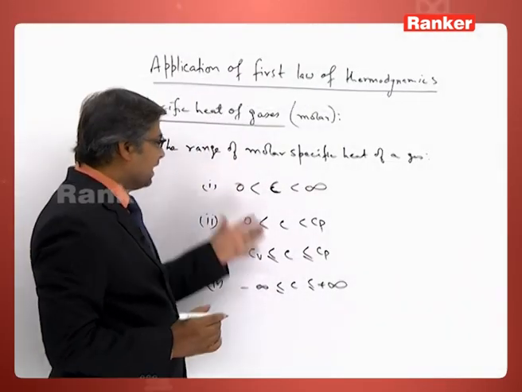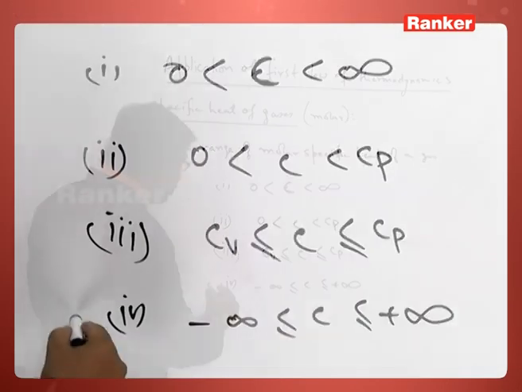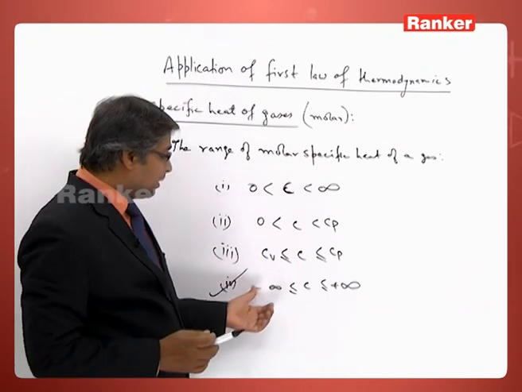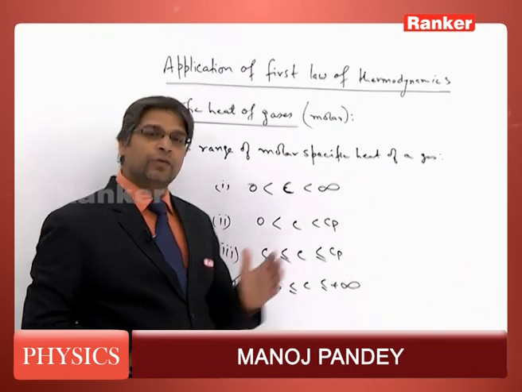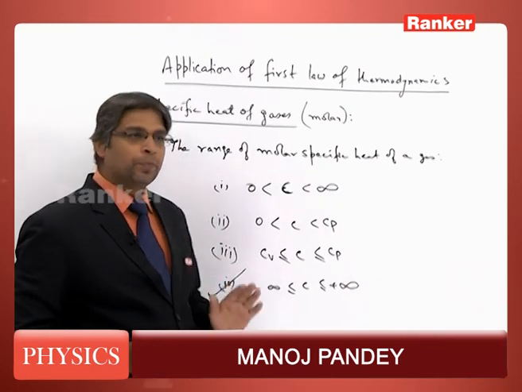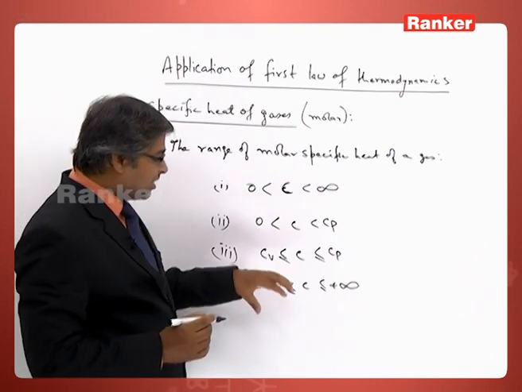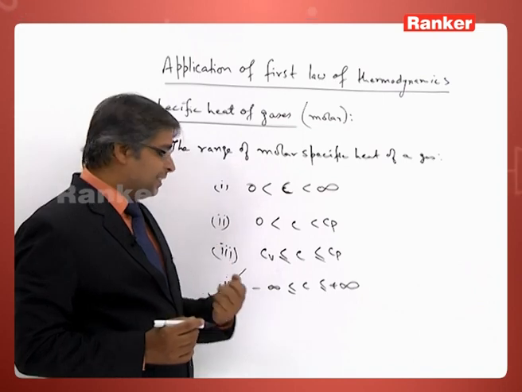The molar specific heat of a gas is actually from minus infinity to plus infinity. That means the specific heat of an ideal gas can have any value from minus infinity to plus infinity, because it depends on the process, on how the gas is going to utilize the heat input.